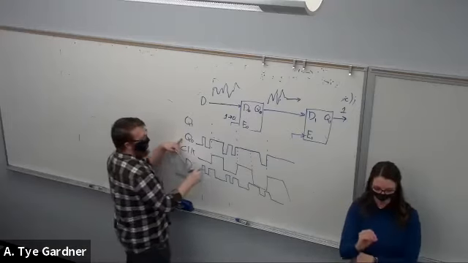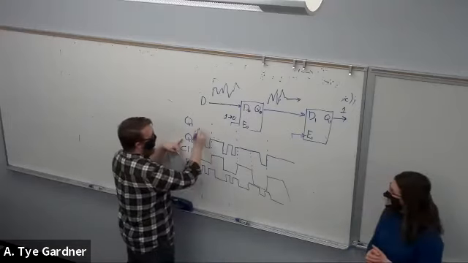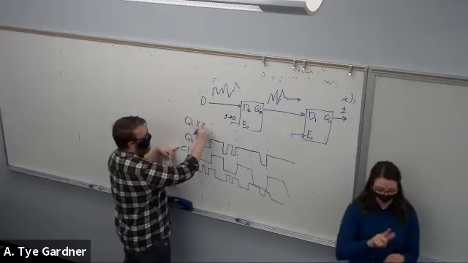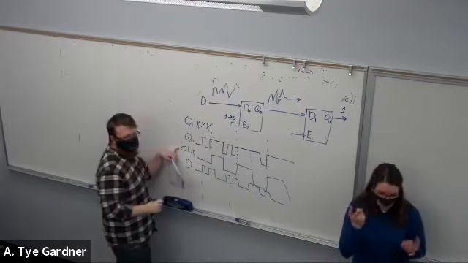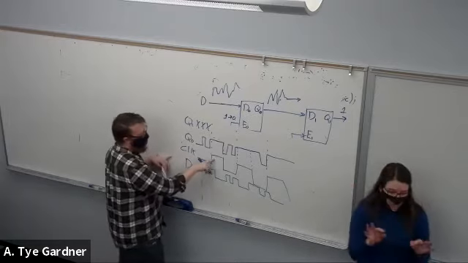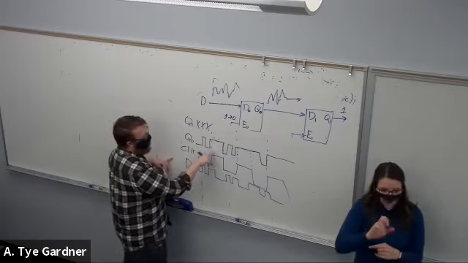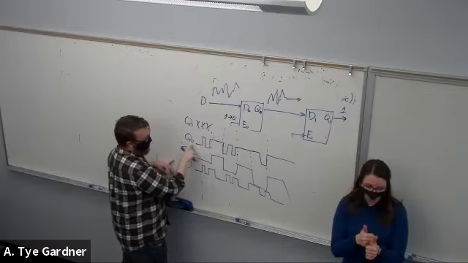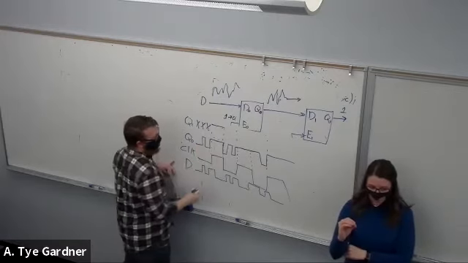But what you'll notice is that when clock is low, we don't really know what's happening here. We don't have a value because we don't have a high clock. So then the clock goes high, we get to follow the Q0, which is high.